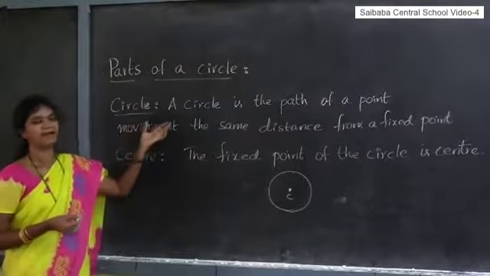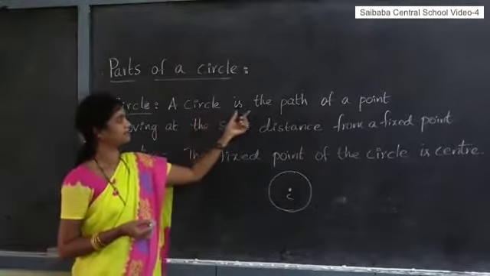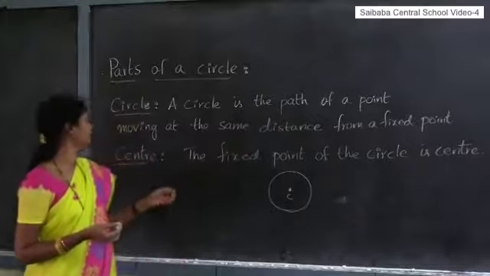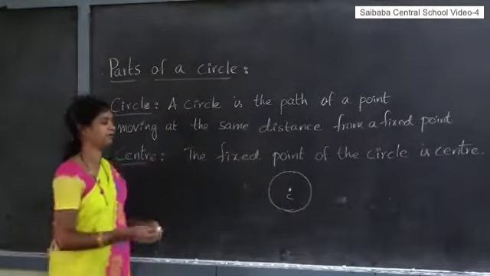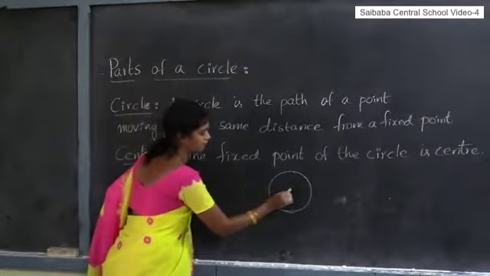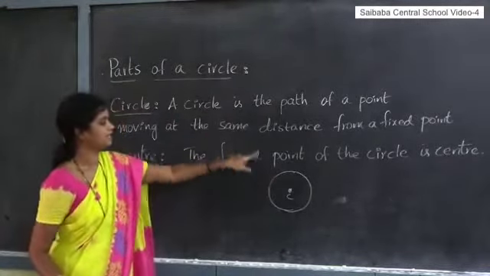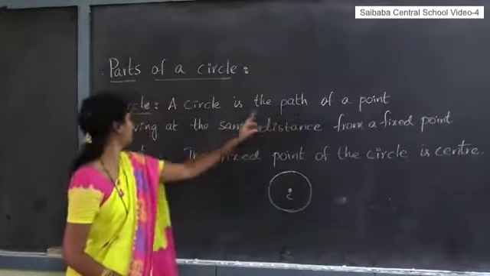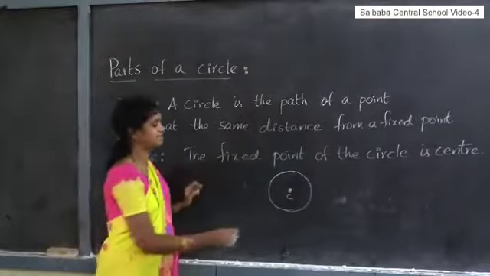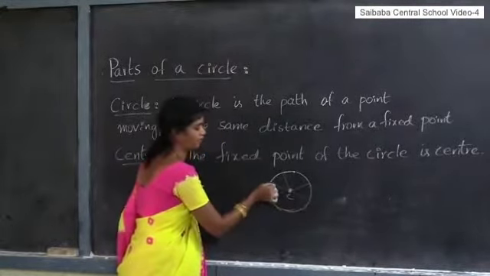Circle. The mathematical definition given to the circle is: a circle is the path of a point moving at the same distance from a fixed point. So if you take a fixed point, the circle is the path of the point moving at the same distance from it.